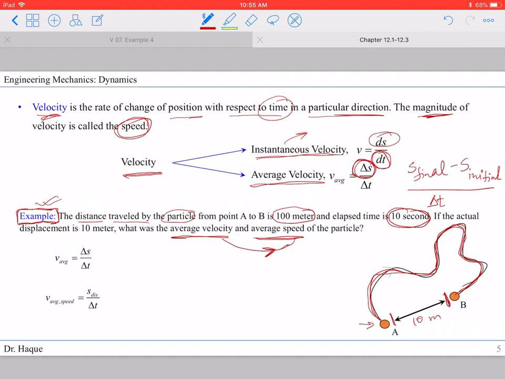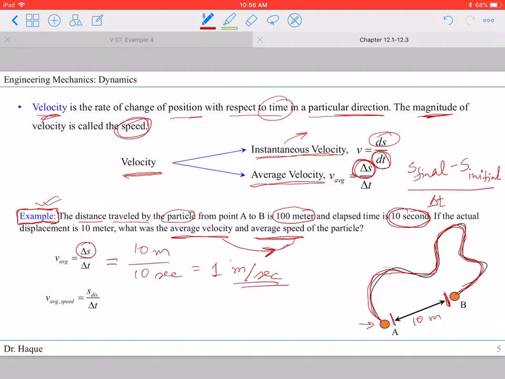The average velocity is the change in displacement, which is 10 meters, and the change in time is 10 seconds. So we get an average velocity of 1 meter per second, and this is also the unit of velocity, meter per second.